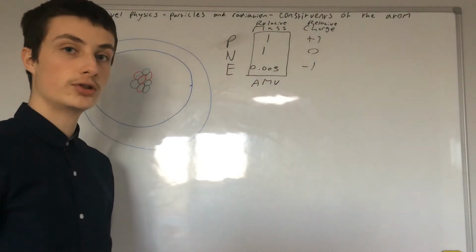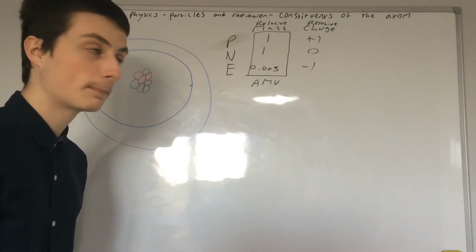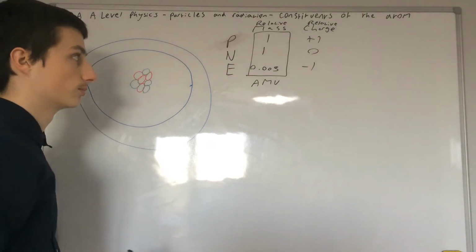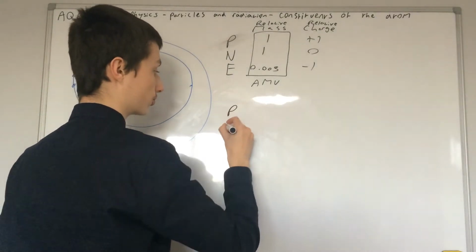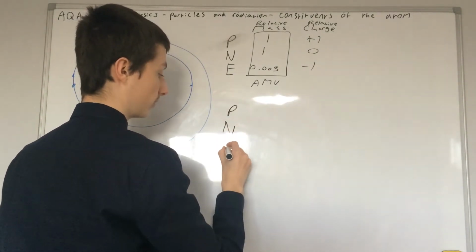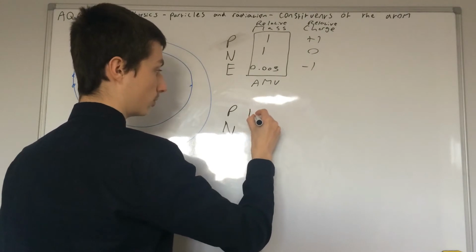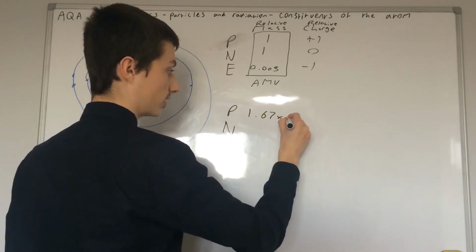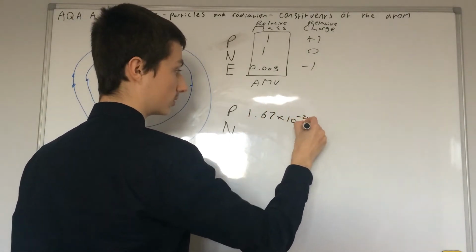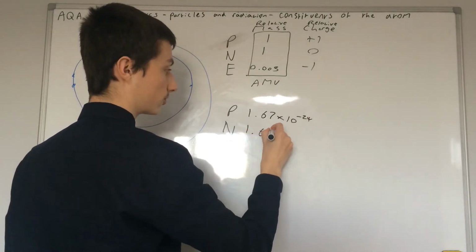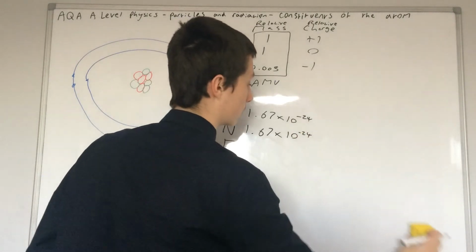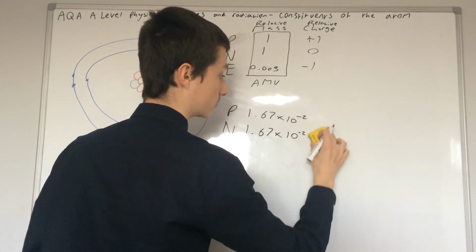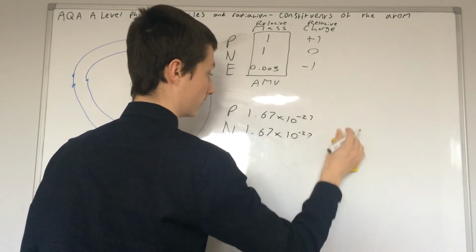Now we can write it in traditional mass in kilograms, charge in coulombs, with our SI units. Protons, neutrons and electrons in terms of mass. Protons have 1.67 times 10 to the minus 24 kilograms of mass. Whoops, actually made a mistake. Minus 27.